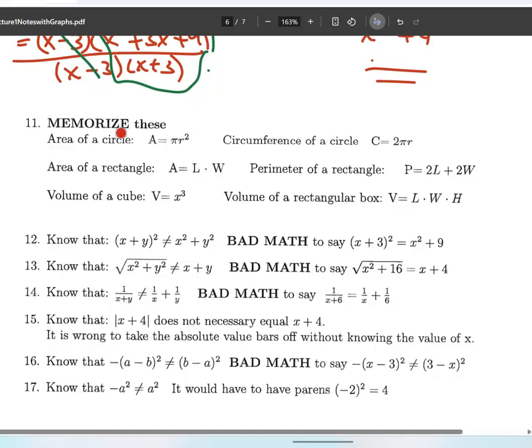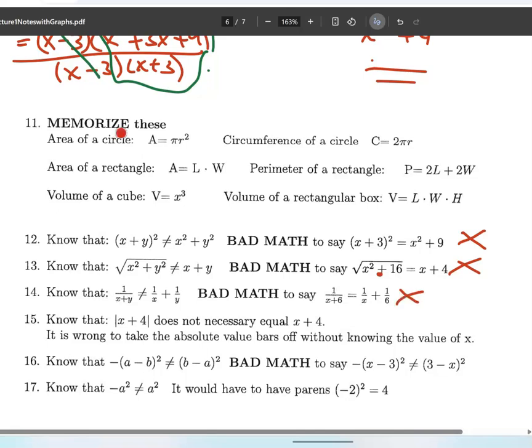And these are really, really bad math. So it's very bad math to say the square cancels through like that. So you cannot do that. If I see bad math on your paper, I'm going to put big red marks all over the place. You cannot separate a radical around the addition sign. So this is not true. And you can't separate fractions around the addition or subtraction in the denominator.